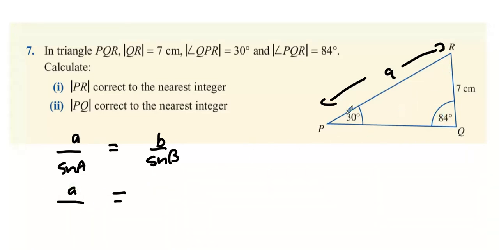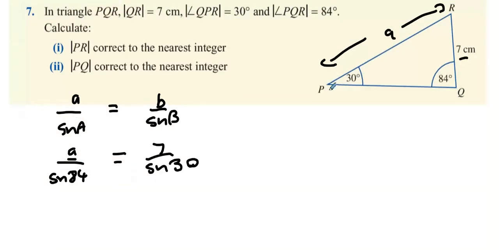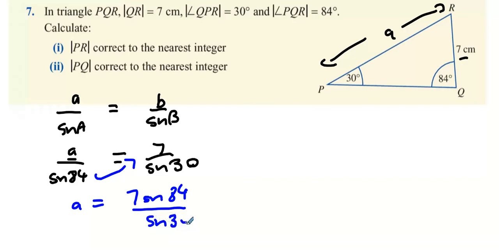So A over sine 84 equals B, which is going to be 7 over sine 30. Now, we want to get this A on its own. It's a length question, so in the end we should know what the length A is. So we're going to bring the sine 84 up. So A is going to be equal to 7 sine 84 over sine 30.